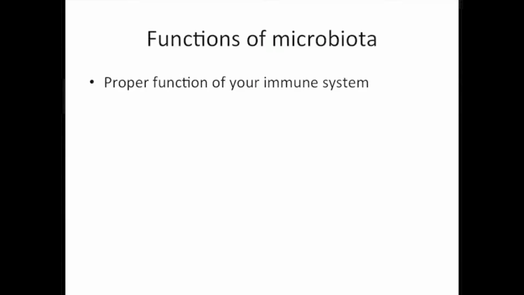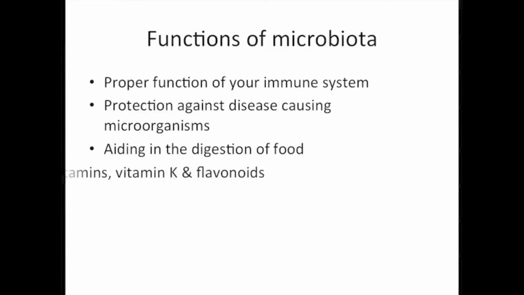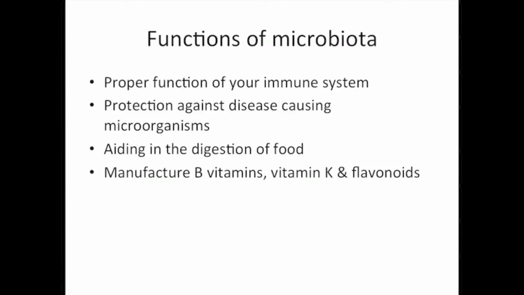Basically, they help with proper function of our immune system. They give protection against disease-causing microorganisms. They aid in the digestion of food. They help in the manufacture of vitamin B, K, and flavonoids.